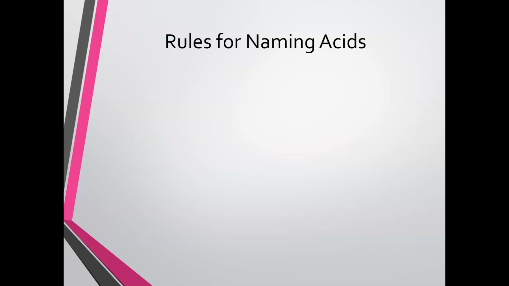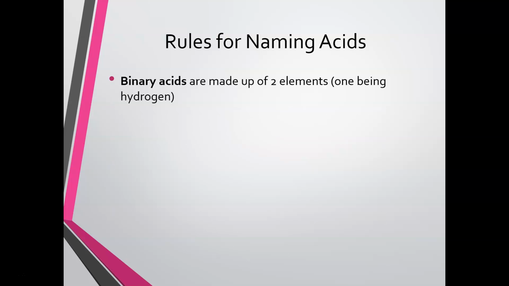So let's talk about our rules for naming acids. Acids are kind of like ionic compounds in that there are different rules depending on what type of acid you have. Just like with ionics, our first type of acids are binary acids. These are made up of two elements, one of which has to be hydrogen. The other element is going to be one of those other wonderful elements from the periodic table.